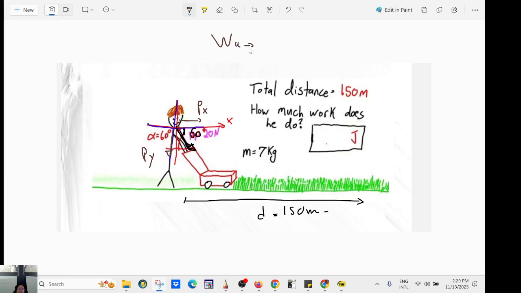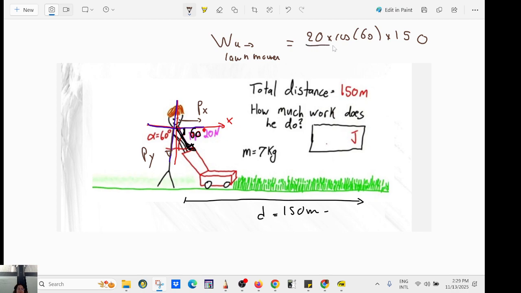So the work done by you on the lawn mower, I don't know if I say it right, lawn mower. Okay, it's going to be the force, which is what? 20 Newton times cosine 60 times 150. Yes?